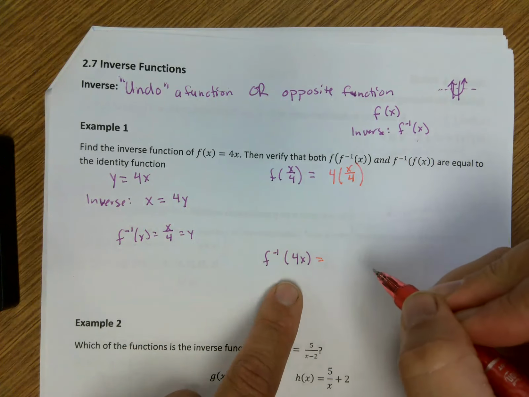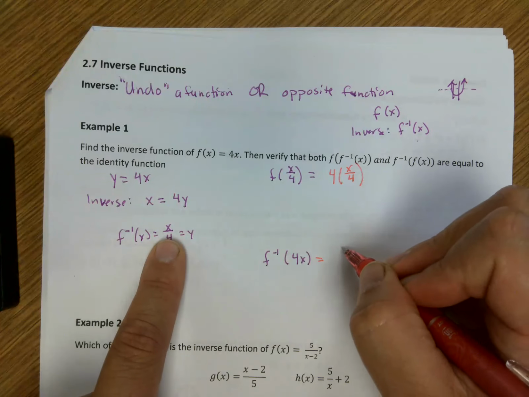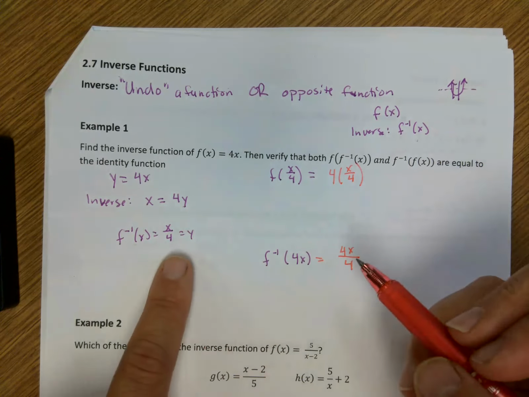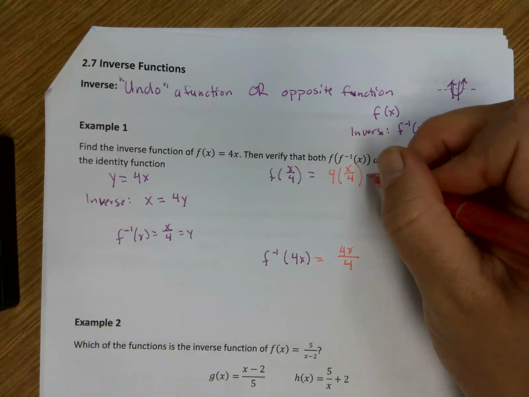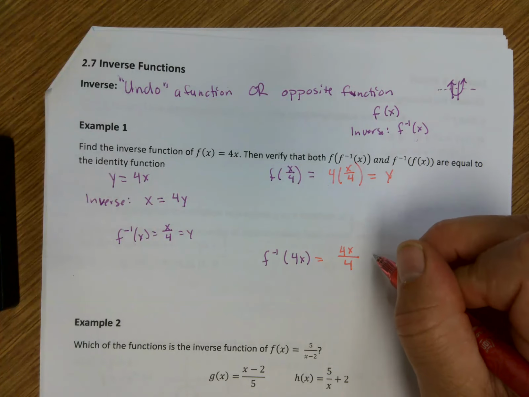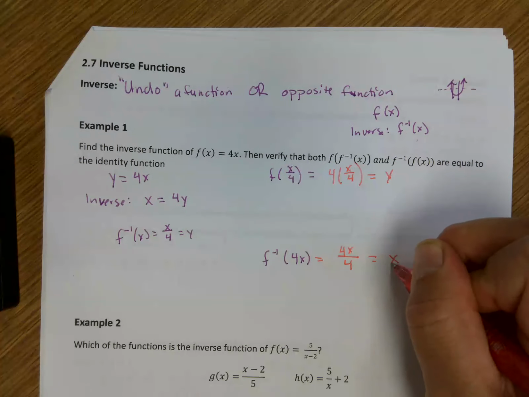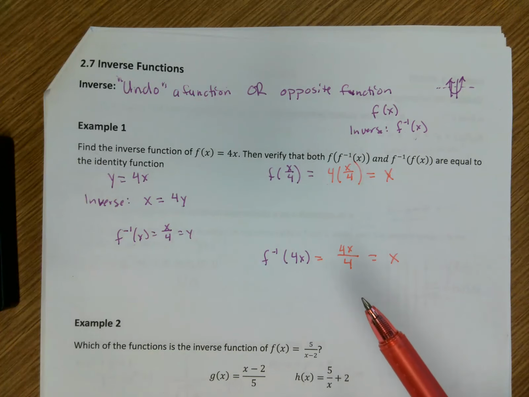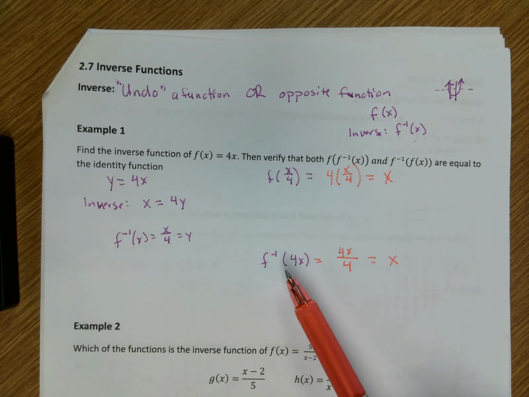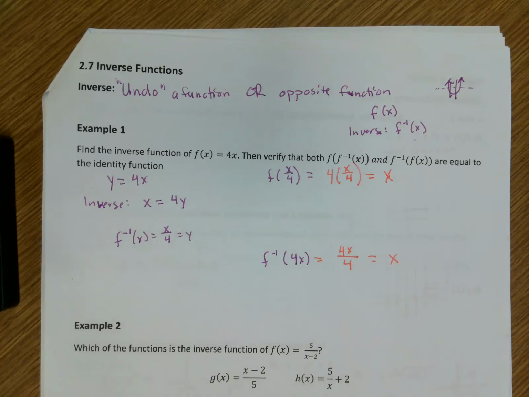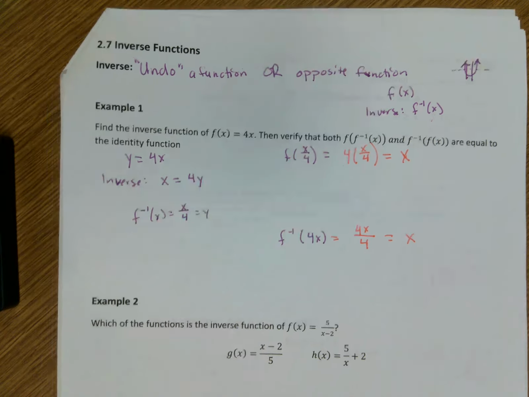For the other one, here's where my x is, so 4x over 4, replacing that for my x. If I simplify both of these, 4 times x over 4 is x, and 4x over 4 is x. So this proves the identity, because when you put the inverse into the function, or the function into the inverse, it should simplify to x. If it doesn't, then it's not the inverse.